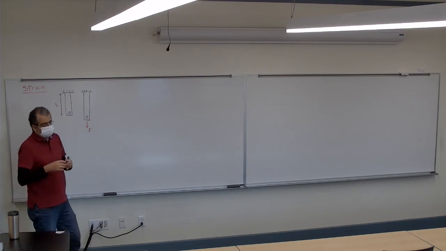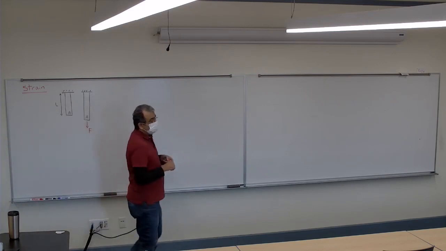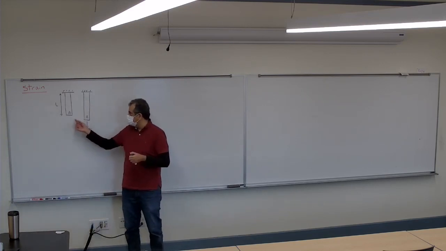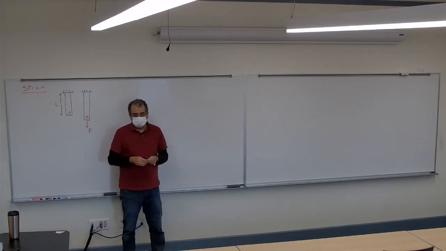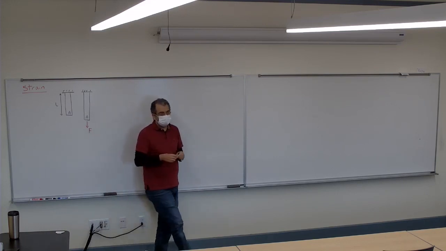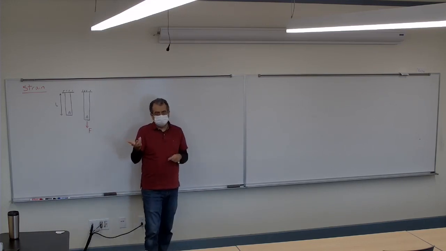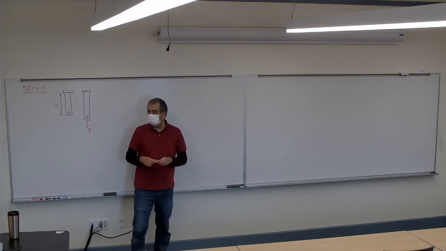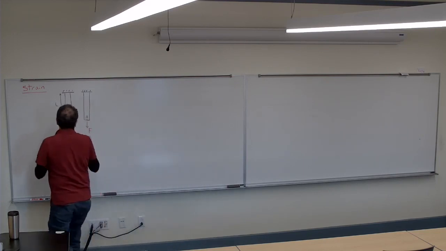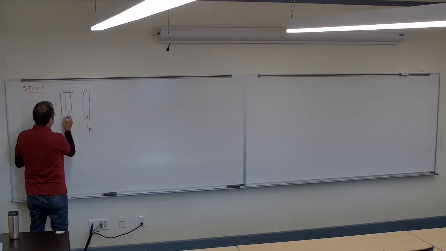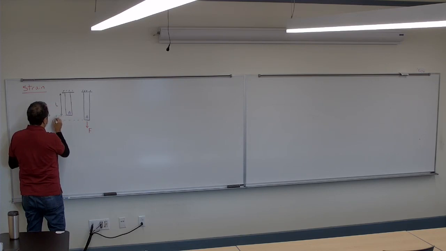If it is, for example, steel, you probably don't see much change. It's there, but you don't see it. But if it is rubber, definitely you can see it. If it is rubber and you pull it down, it just comes down, and you're going to have this amount of change, let's call it delta.